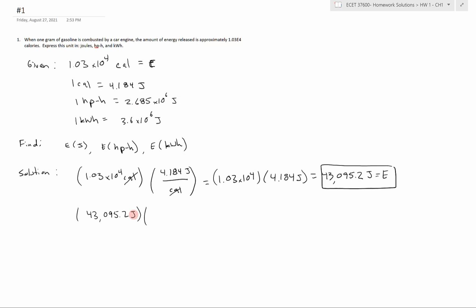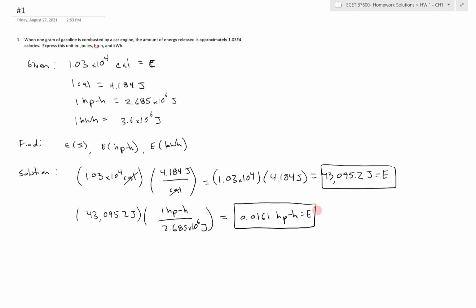Joules is in the numerator here, so I want joules in the denominator of this fraction. 1 horsepower hour is equal to 2.685 times 10 to the 6 joules, or 1 horsepower hour per every 2.685 times 10 to the 6 joules. All right, so I do that, and we get a small number, 0.0161 horsepower hour is our energy converted over.